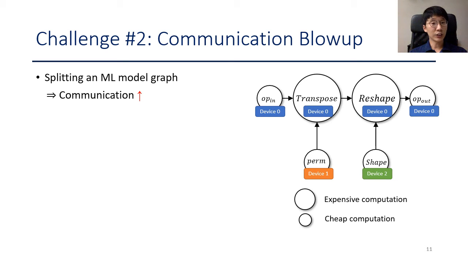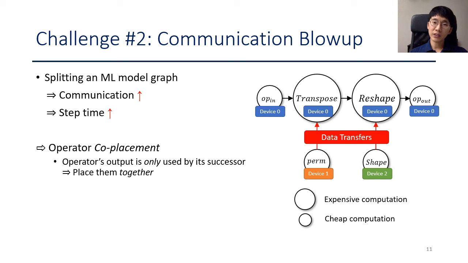Since SCT assumes small communication overhead, it tries to exploit parallelism as much as possible. So MSCT places the input, permutation, and shape operators on different devices like this. This introduces data transfers, and their communication overhead is much higher than the computation costs of perm and shape operators. This increases the step time.